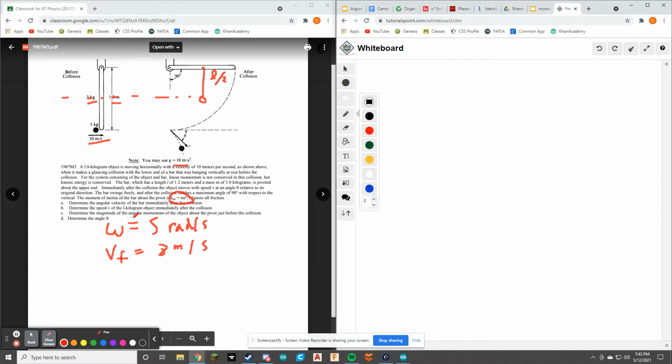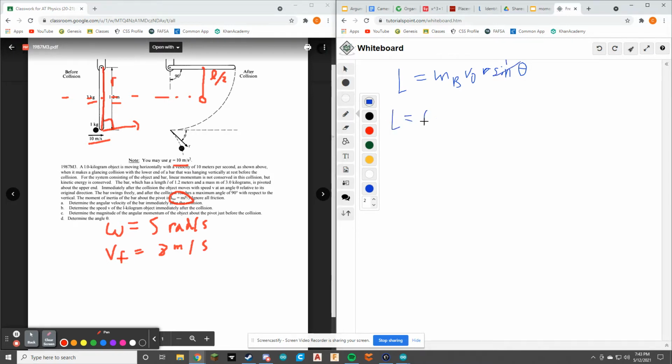Then for part C, determine the magnitude of the angular momentum of the object about the pivot just before the collision. Just like in the presentation, its angular momentum will be m v r sine theta. Since the velocity is perpendicular to the radius, sine theta is just 1.